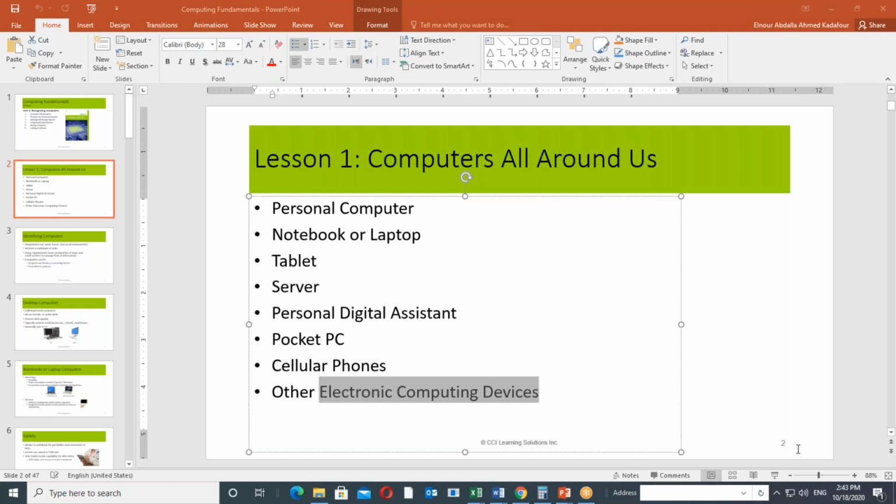Okay, so to say yes or no, you have to explain that. When can we say this device is a computer, this device is not a computer? It depends on what the functions of that device are. Got it? The function of the device, the components of the device will decide if this is a computer or not.